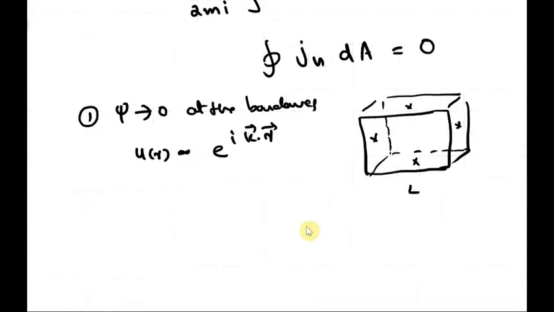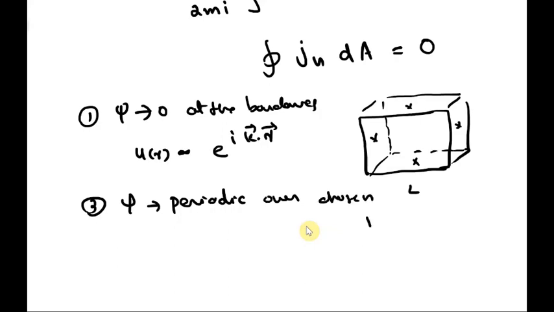Another possibility here is that the wave function psi is periodic over the chosen boundary. If the wave function is periodic over this boundary, then again it will satisfy this condition.